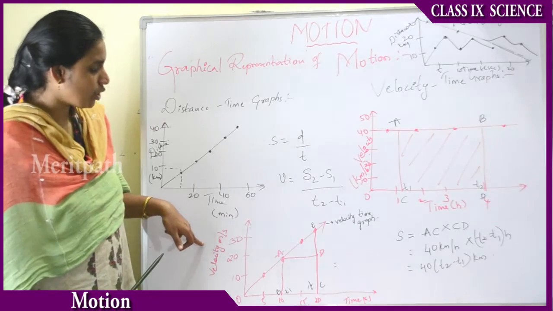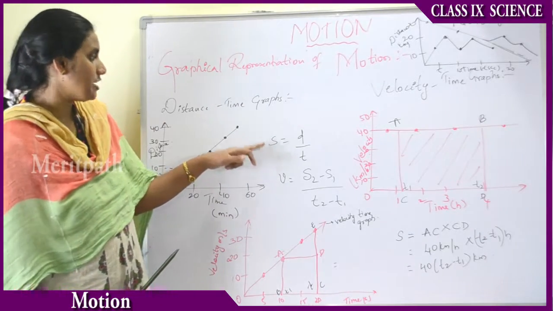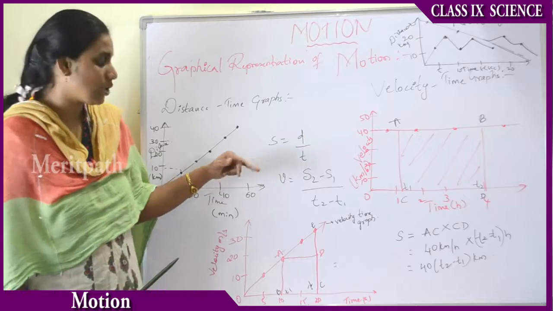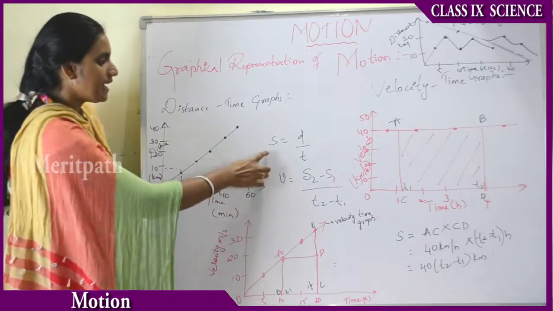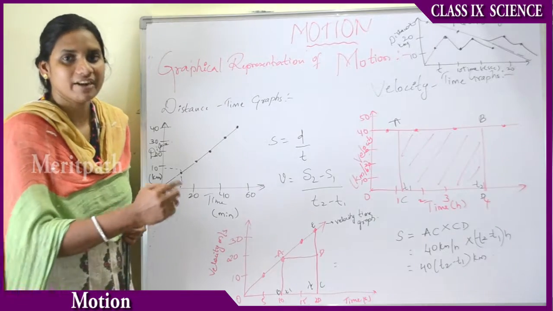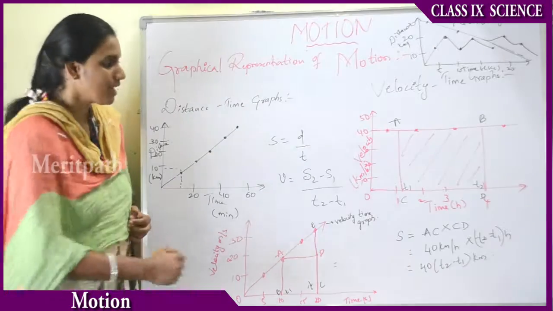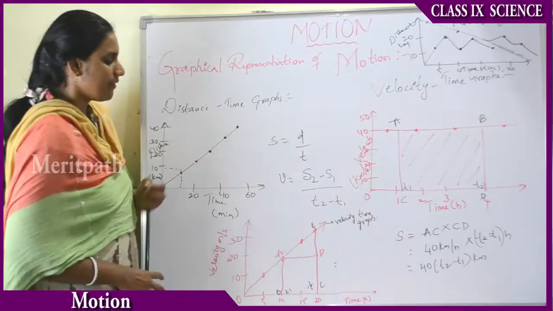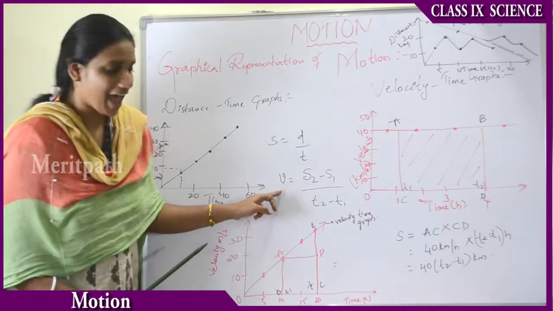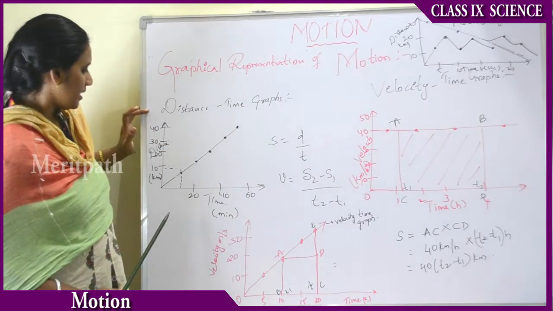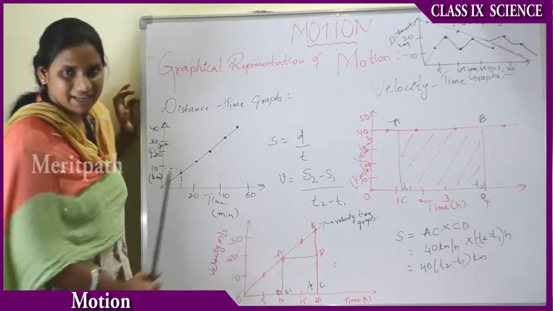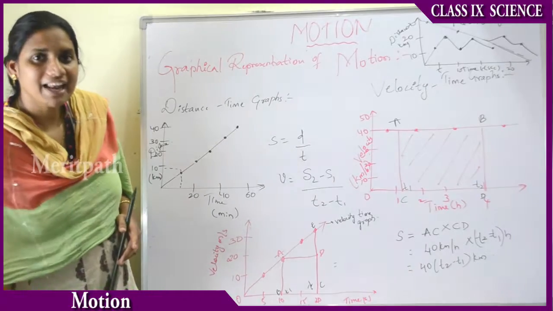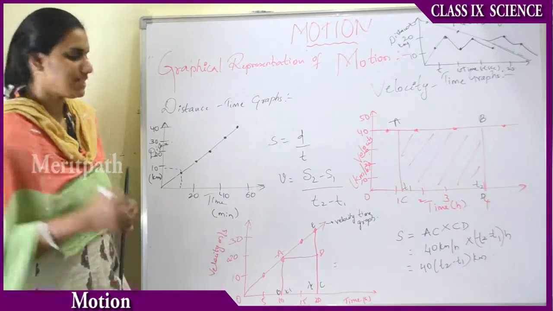Now let us see how we can measure the speed, distance or velocity from the graph itself. Speed is defined as the total distance covered with respect to the total time, that is distance by time. Then velocity will be S2 minus S1 by T2 minus T1. That means the final and initial positions are considered.